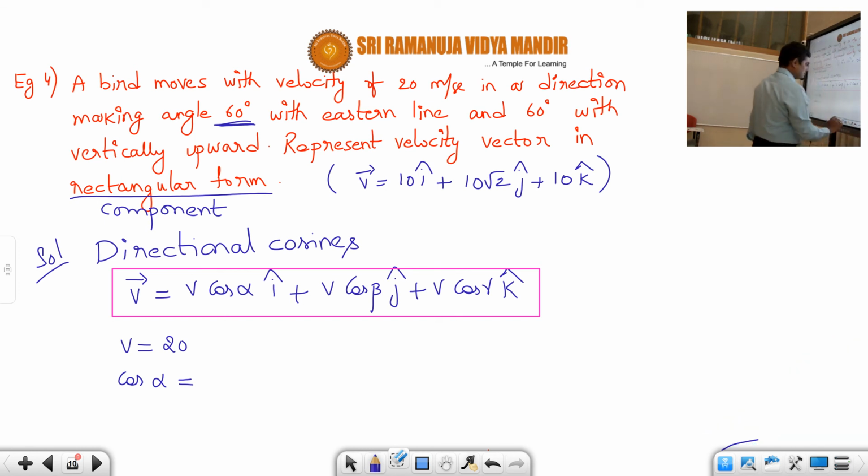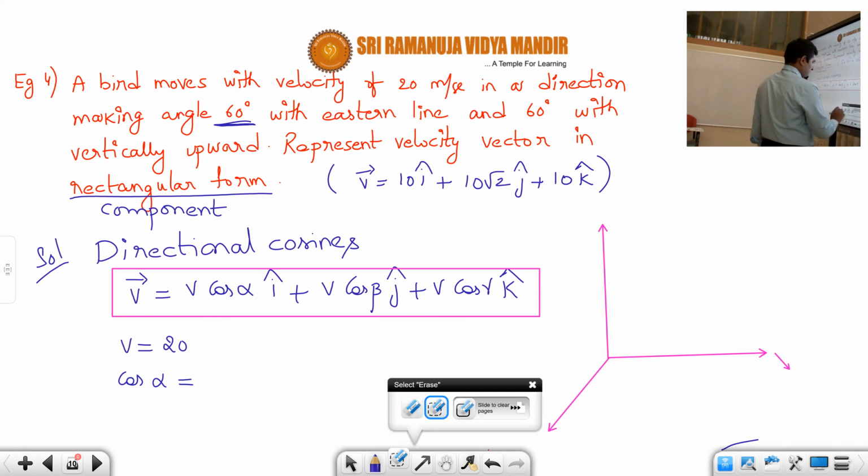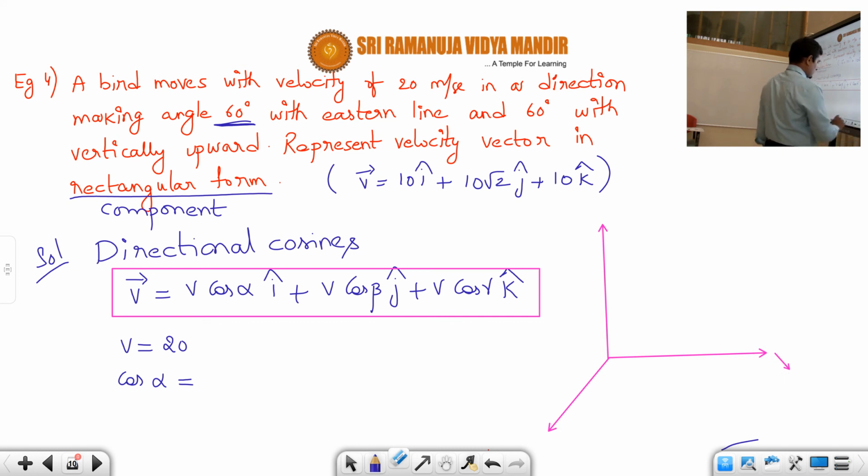60 degrees with eastern line means, suppose let us say I take this as the x axis, this as the y axis and this as the z axis. This is the positive x axis, this is the positive y axis, and this is the positive z axis.